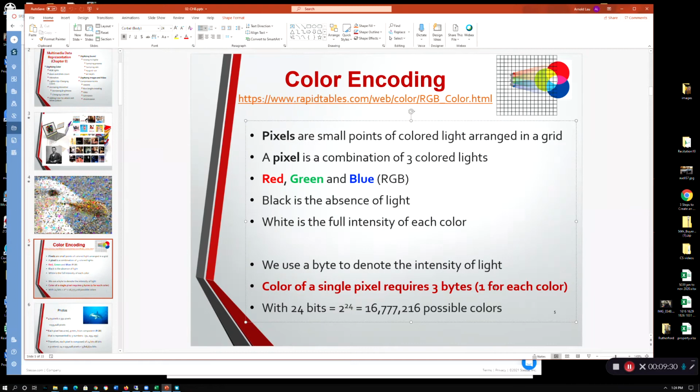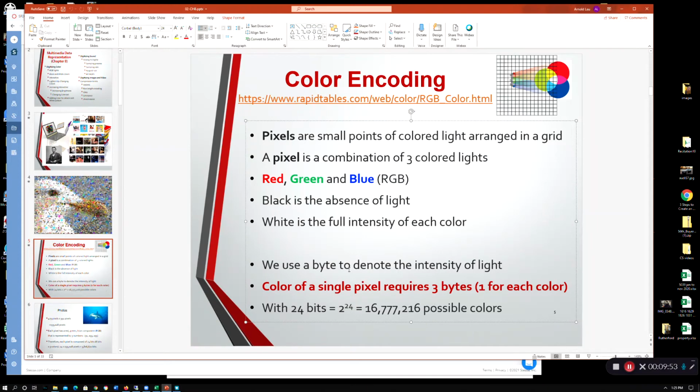Remember, a color is red, green, and blue. Each one is a byte, so it's 3 times 8 bits equals 24 bits, right? And that's where you get 24 bits down here. So 2 to the 24 gives you, let's just say, over 16 million possible colors, various shades of that.